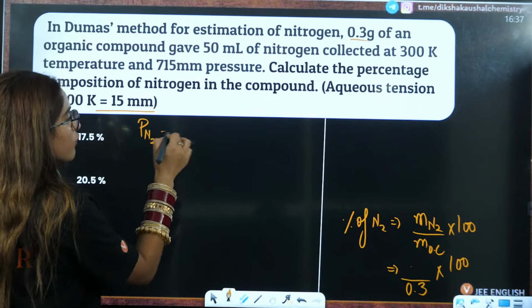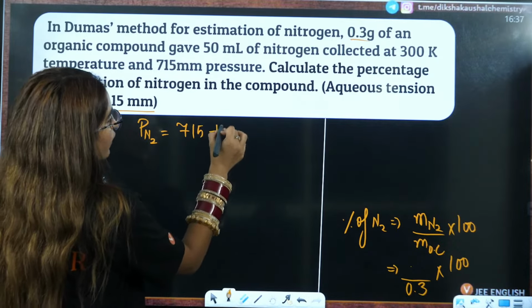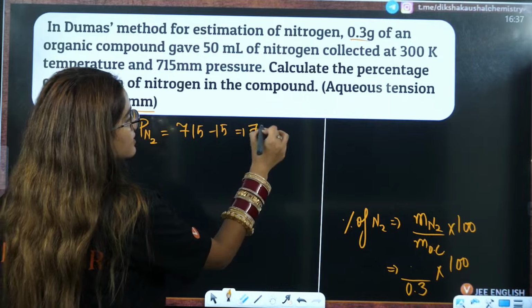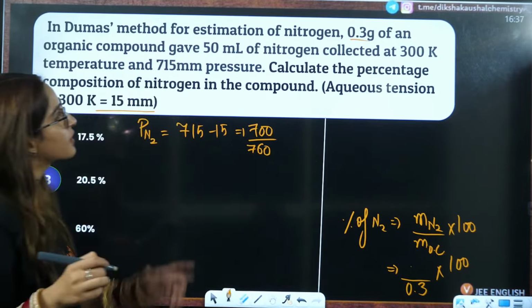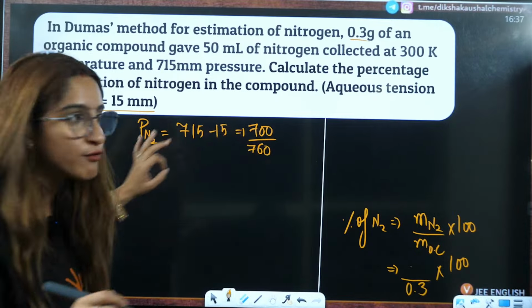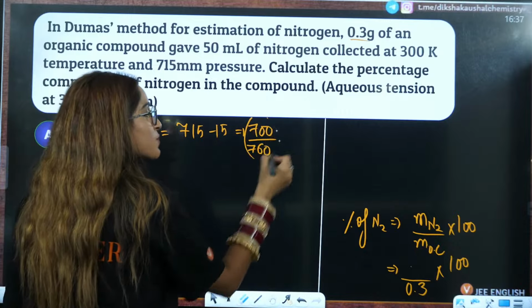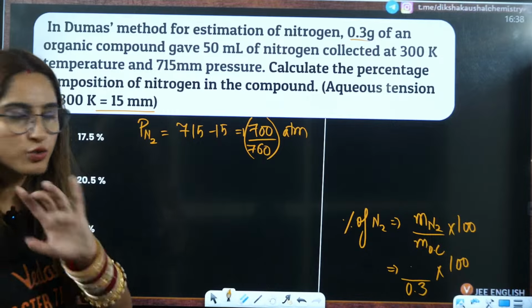Pressure of nitrogen is atmospheric pressure minus aqueous tension, that is 700, divided by 760, because this is given in mm of Hg and we want it in atmosphere. That is the first thing you should do.